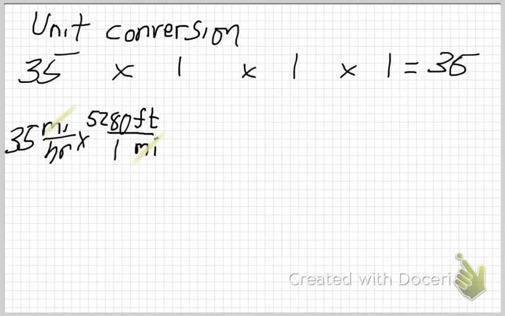Okay, so if we were to multiply 35 times 5,280, we would end up with however many feet per hour we were moving. But that's not what we're interested in this example, right? So we need to multiply by 1 again so we can remove the unit of feet and get that into our target of units of meters.